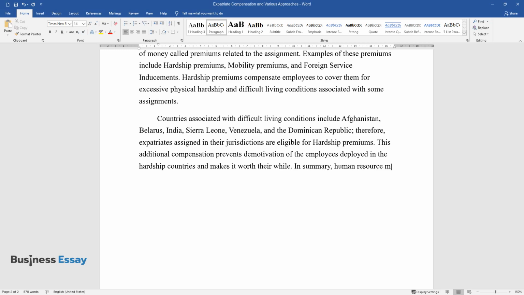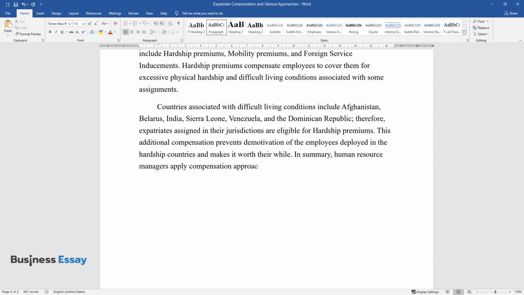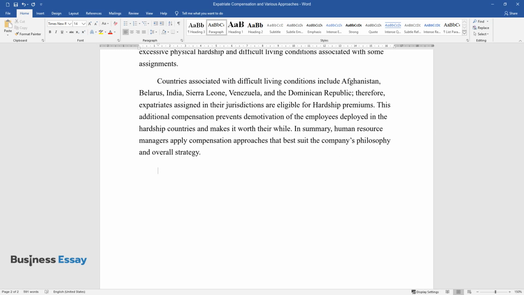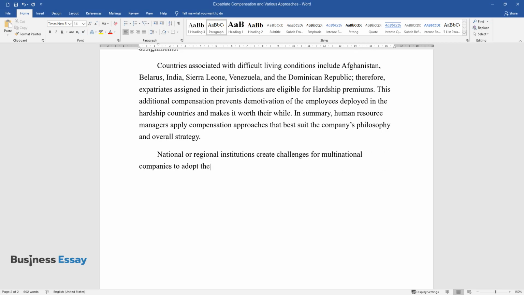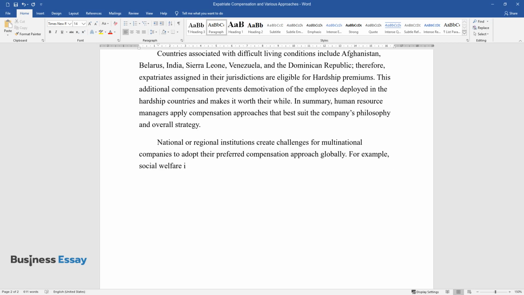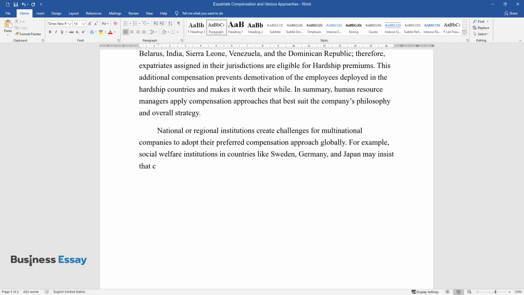In summary, human resource managers apply compensation approaches that best suit the company's philosophy and overall strategy. National or regional institutions create challenges for multinational companies to adopt their preferred compensation approach globally. For example, social welfare institutions in countries like Sweden, Germany, and Japan may insist that companies also provide other benefits besides financial remuneration.